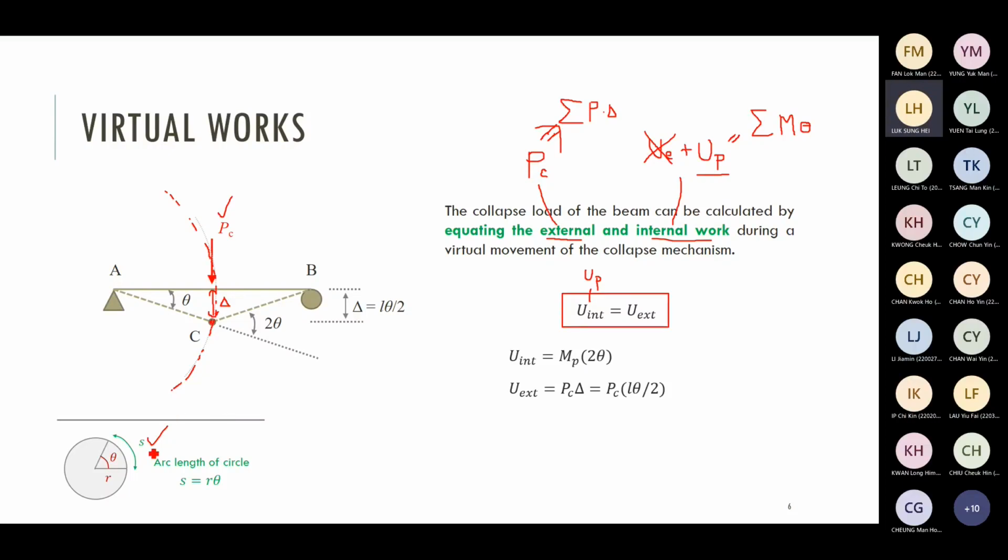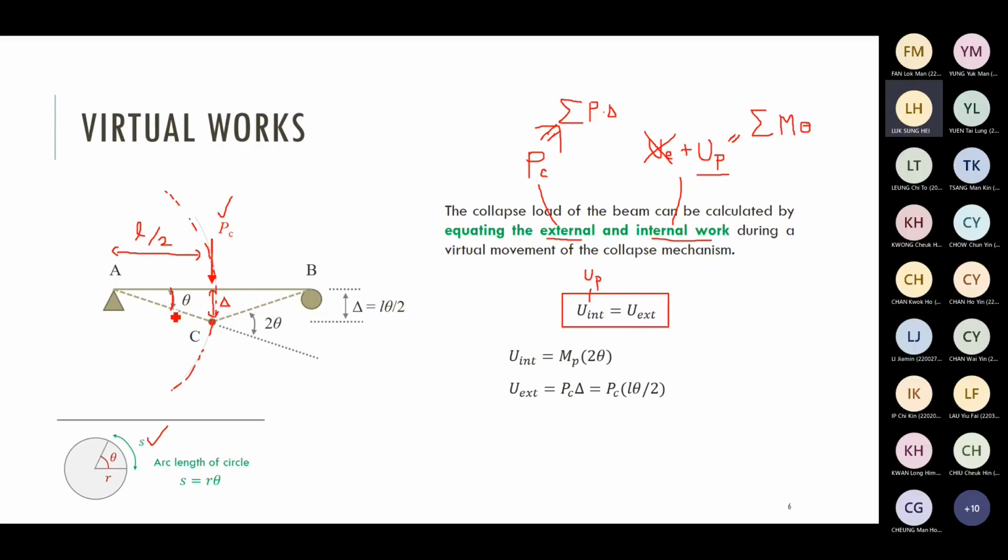Arc length S equals the radius times the rotation angle. Here I draw a big circle. The radius is equal to L over 2. The rotation angle theta is the angle between AB and the line AC.